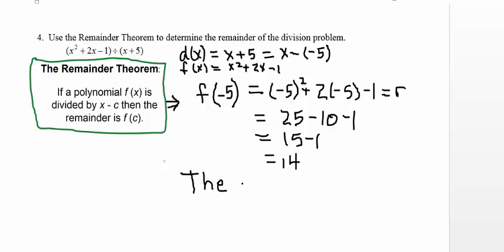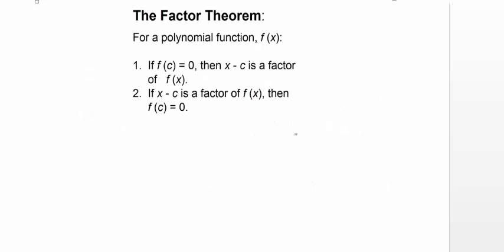So the remainder is 14. And here's how I actually use the remainder theorem to show that. It would be incorrect, since you were told to use the remainder theorem, to actually do the division to get the remainder. You want to use the information in the remainder theorem.